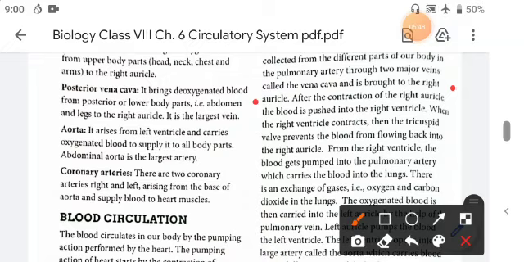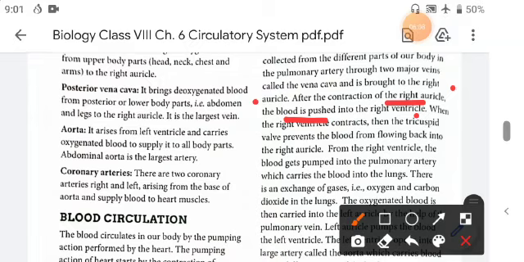So deoxygenated blood comes to the right auricle. After the contraction of the right auricle, the blood is pushed into the right ventricle. Then through the right ventricle, it will move to the lungs.